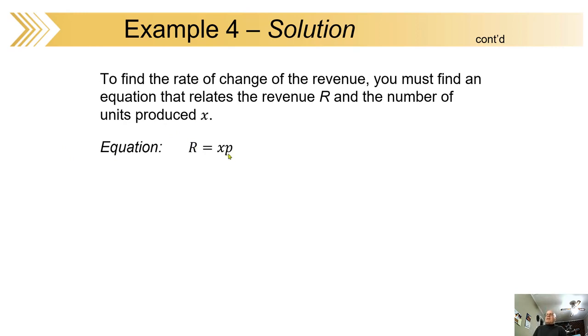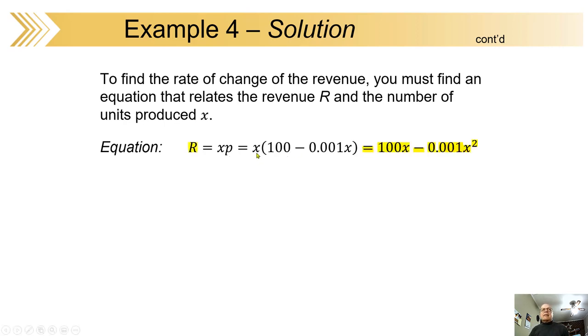If you were stuck on a desert island and you wanted to remember what that was, just give yourself an example. How much money would be coming in, that's revenue, if you sold 17 items for $100 a piece? And that'll give you X times P, and you'll be in business.